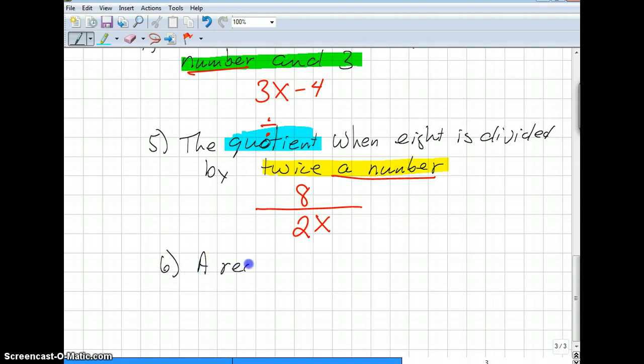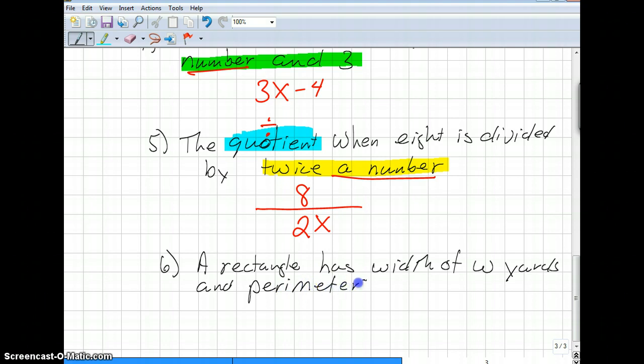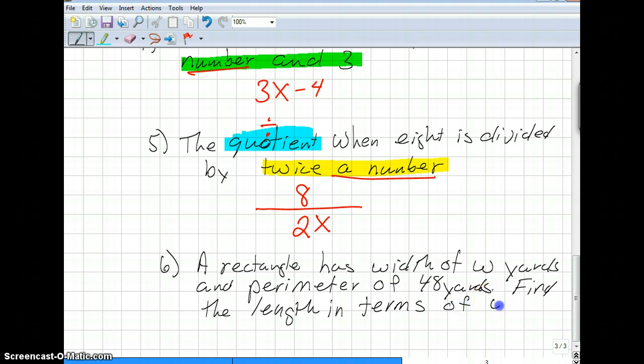A rectangle has width of W yards and perimeter of 48 yards. Find the length in terms of W.